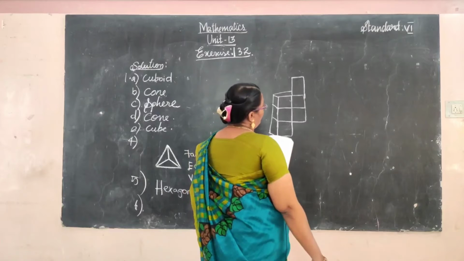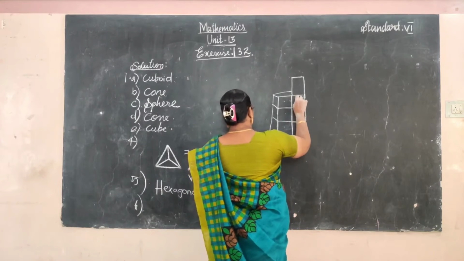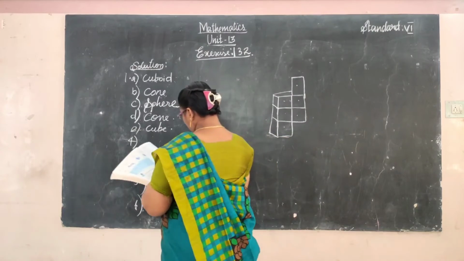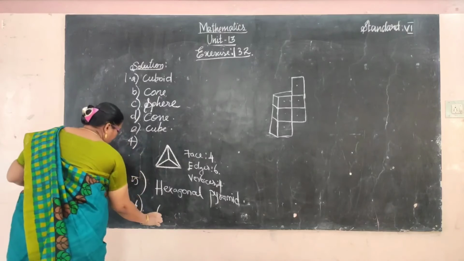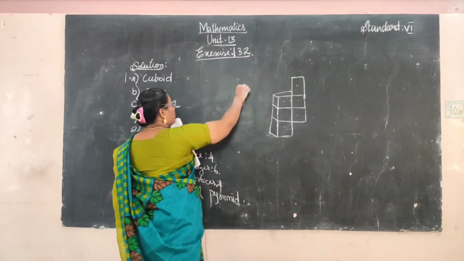How many cubes are there? 1, 2, 3, 4, 5, 6. So the sixth one answer is 6 cubes. And next one.